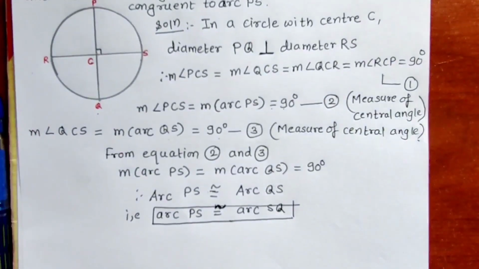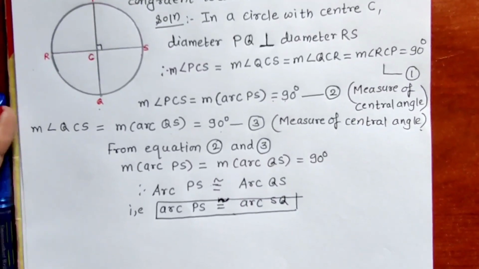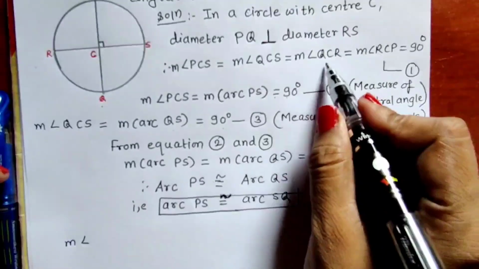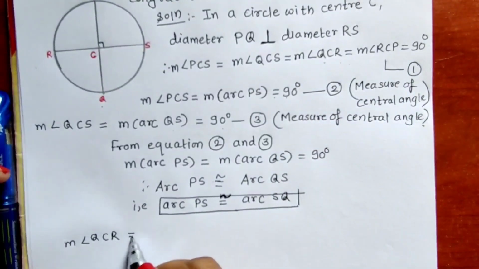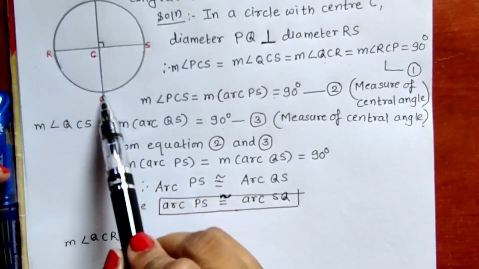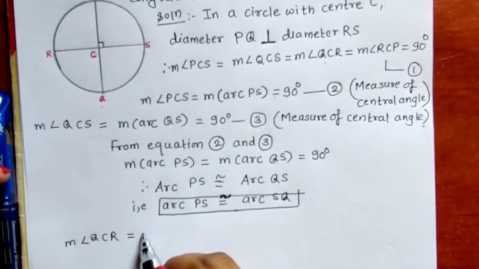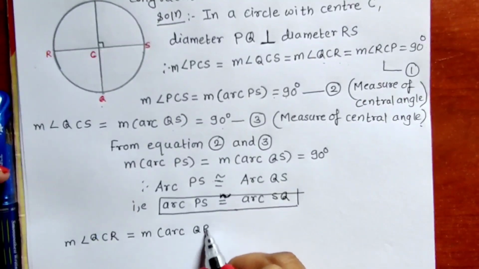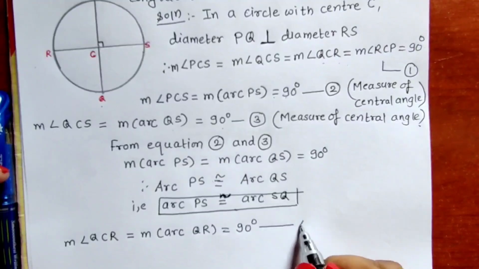So let us write measure of arc QCR is equal to, see, QCR is here, so its corresponding arc is QR. It will be equal to measure of arc QR. They both are equal to 90 degree. This will be our statement number 4.